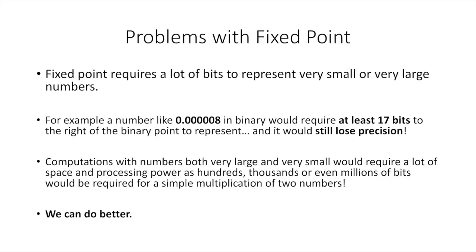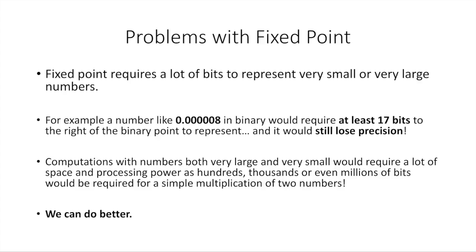Okay, now we talked about fixed point. Fixed point is not the greatest thing, because it takes a lot of bits to represent very small or very large numbers. Even not that small, really. For example, a number like 0.000008 in binary would require at least 17 bits to the right of the binary point to represent it. And you would still be losing precision.